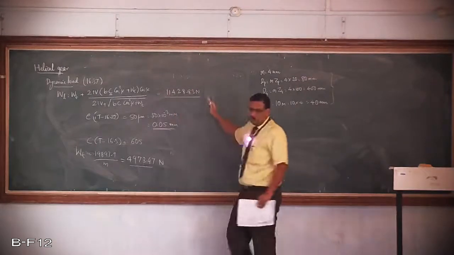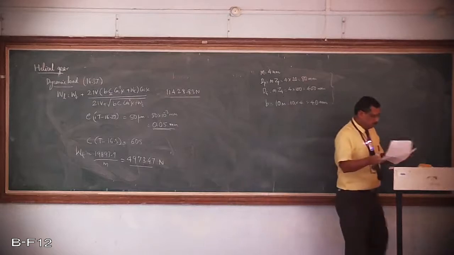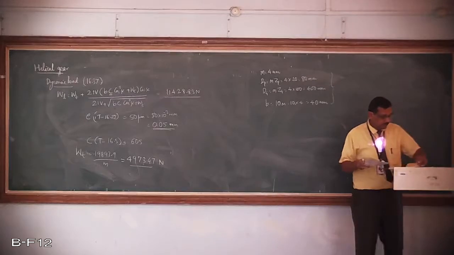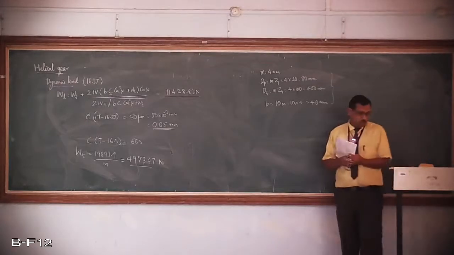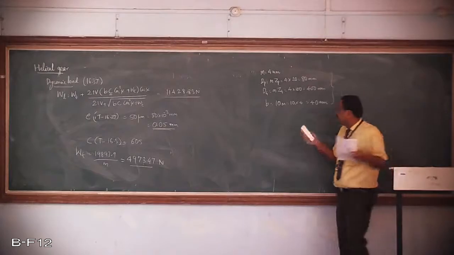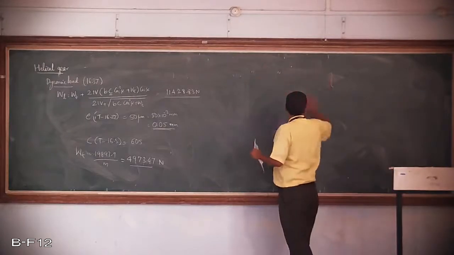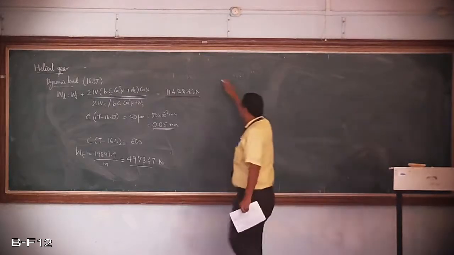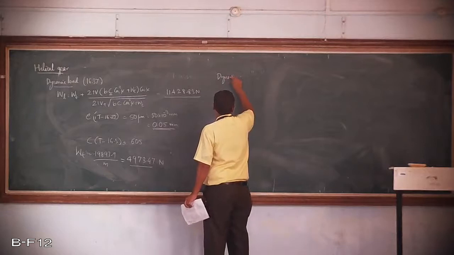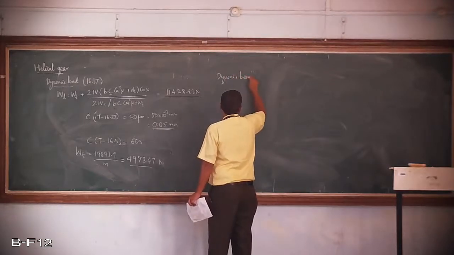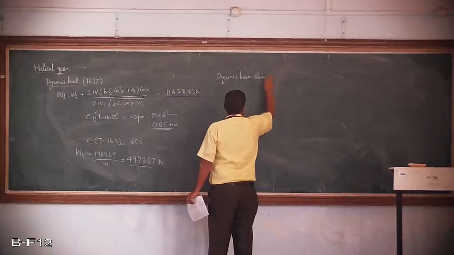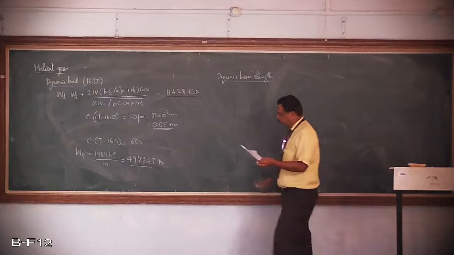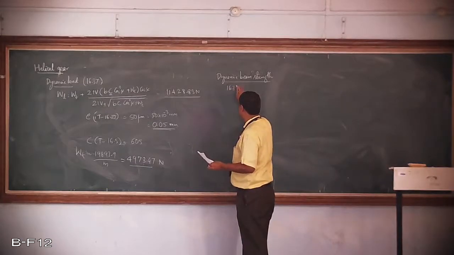So once you calculate the dynamic load, now this dynamic load has to be checked with the dynamic beam strength, for the strength, bending stress, as well as for the wear. Therefore, first let us go with the dynamic beam strength, equation number 16.38.